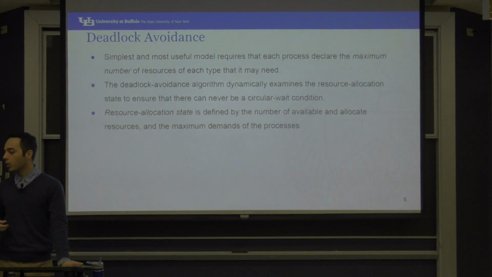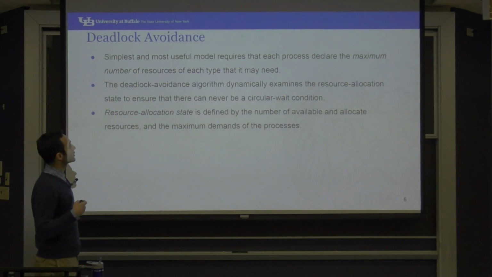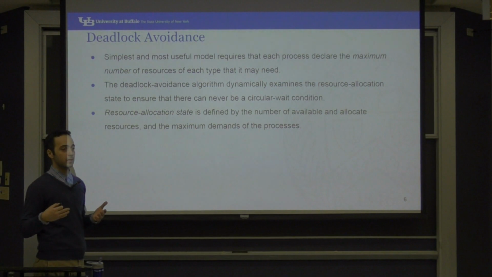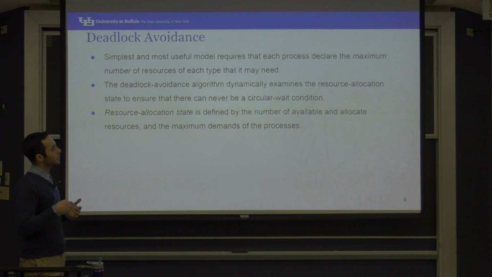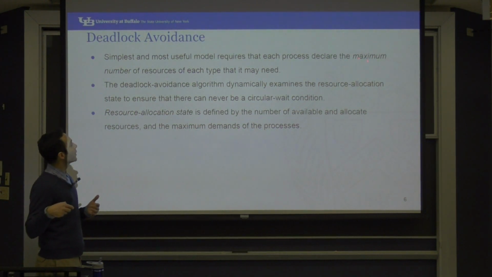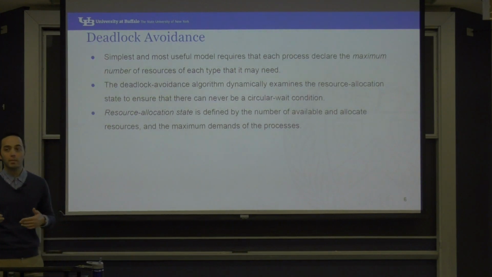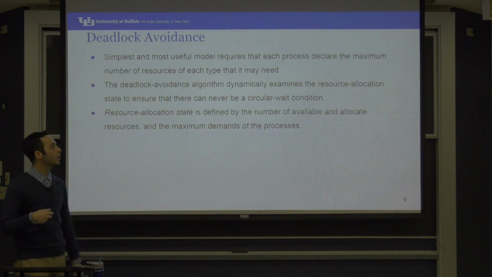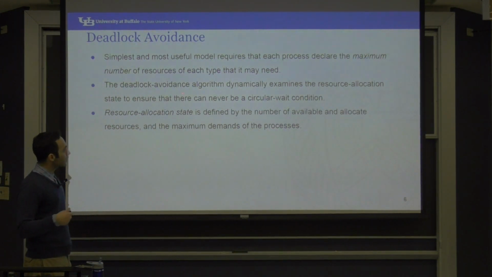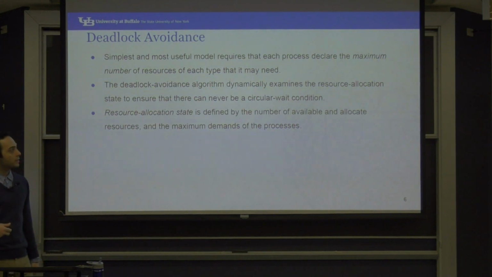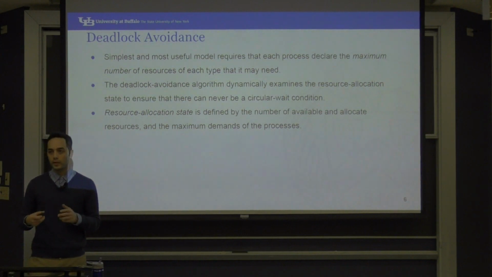All right? So the simplest method is when we have, again, multiple instances of each resource type, the processes can basically declare the maximum number of resources that they may request. And the deadlock avoidance algorithm dynamically examines the resource allocation state to ensure that there can be no deadlock.